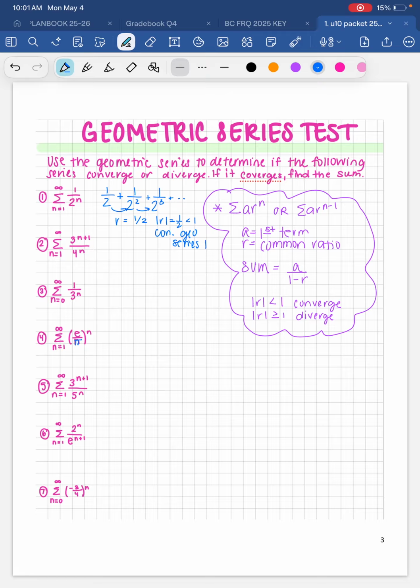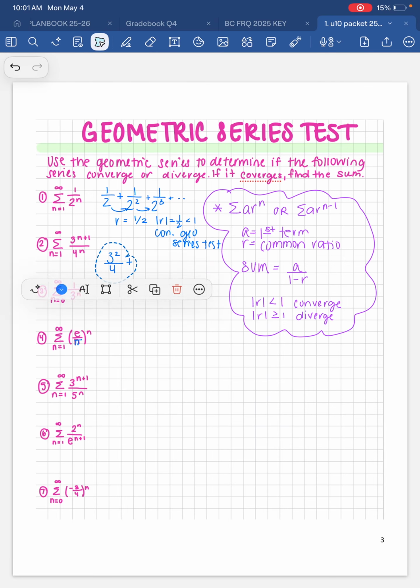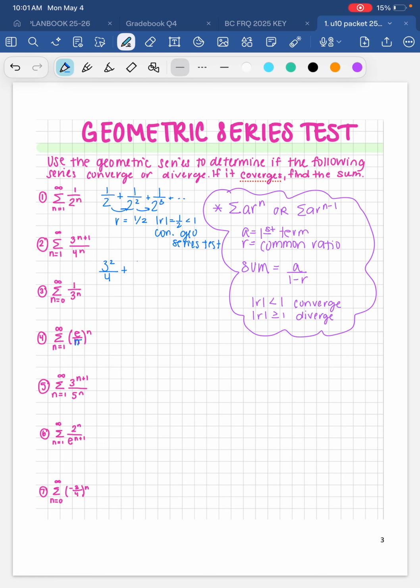Okay, I don't think I need to write that out every time. So like that, this is what I mean. If you look at example 2, replace n with 1. So that's going to be 3 squared over 4. Then replace n with 2. It's going to be 3 cubed over 4 squared, and with 3 to the 4th over 4 cubed, and so forth.